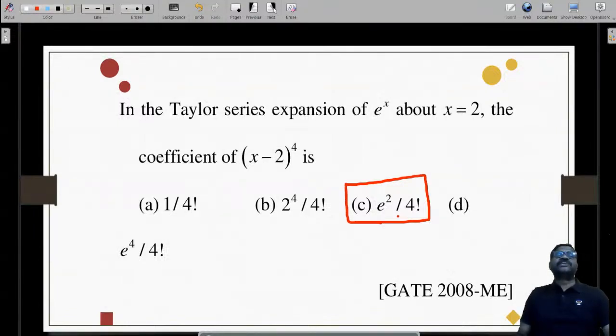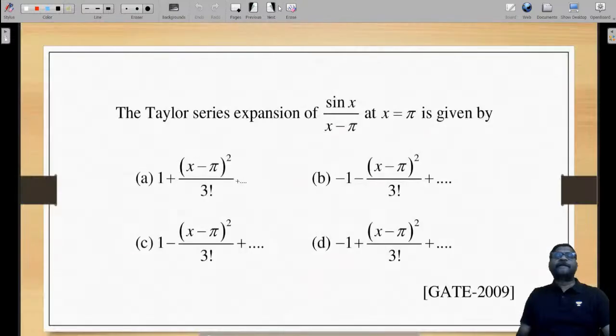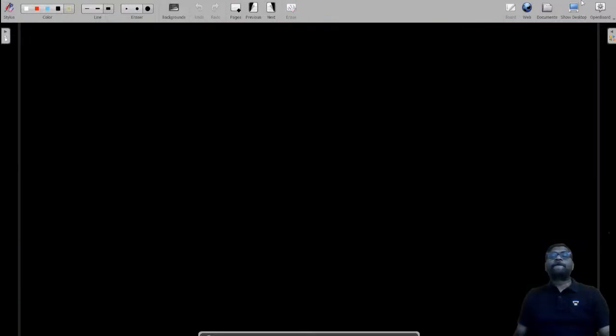Final answer is e square by 4 factorial. Next problem. The Taylor series expansion of f of x equal to sin x by x minus pi at x equal to pi.